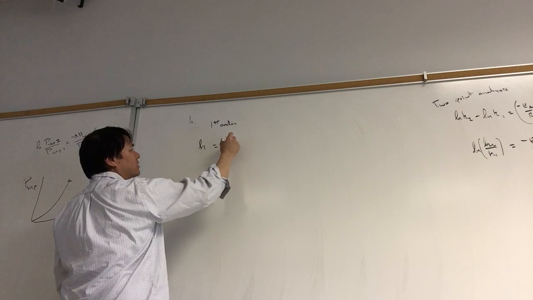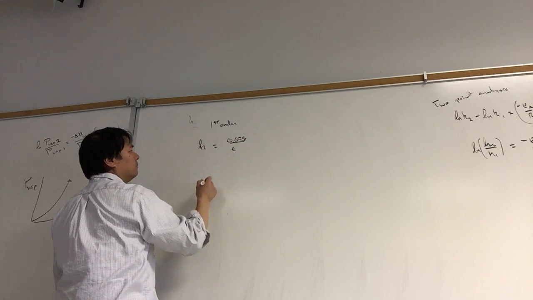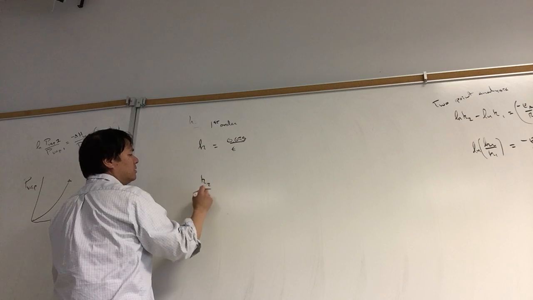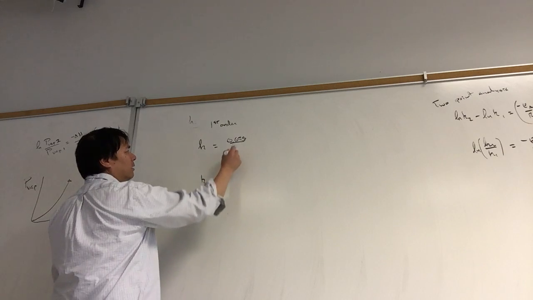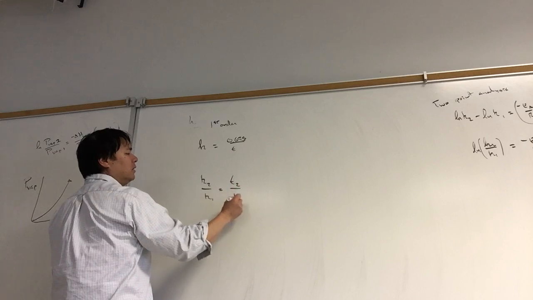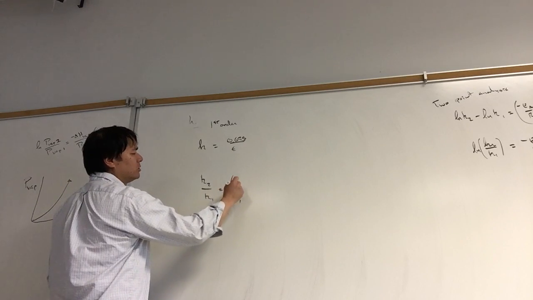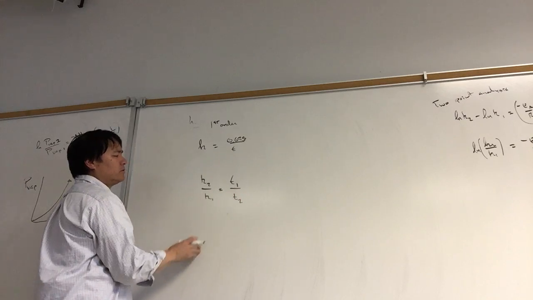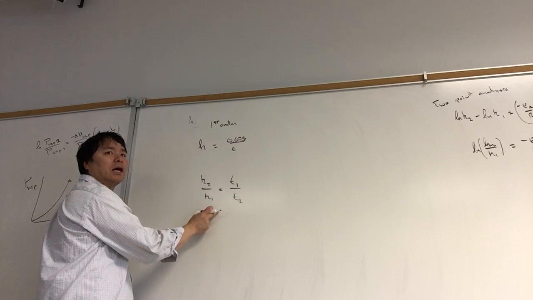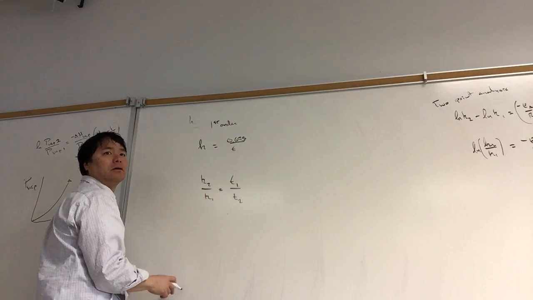For first order reactions, K is equal to 0.693 over T. So if we ever take a ratio of K2 to K1, that's the same as T1 over T2, sorry, not T2 over T1, because they're inversely related. The faster the rate, the shorter the time. And so these two are equivalent because the 0.693 will cancel here.